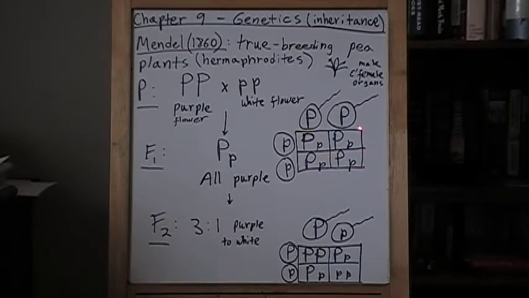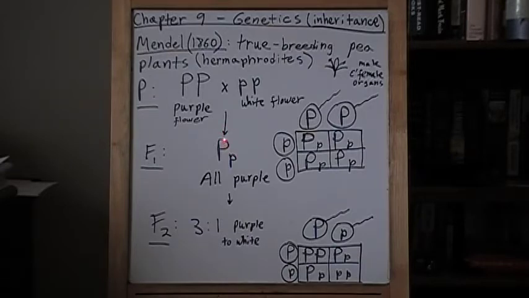So all of the offspring have the same inheritance in this case: big P from the sperm, little p from the egg. All the offspring have one big P allele and one little p allele.